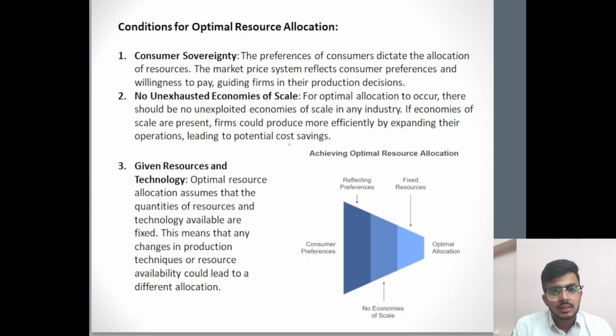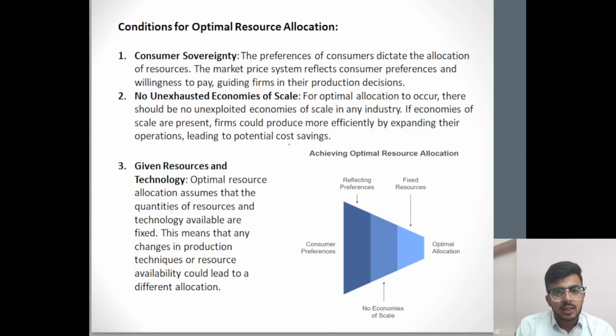And the second one is no unexhausted economies of scale. For optimal allocation to occur, there should be no unexploited economies of scale in any industry. If economies of scale are present, firms could produce more efficiently by expanding their operations, leading to potential cost savings.